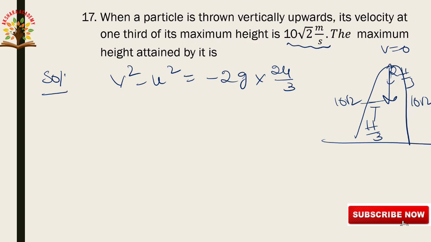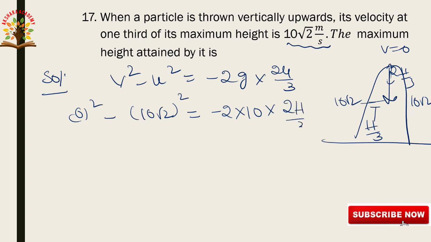Now substituting the values, v is 0, minus u, 10√2 as given, and minus 2 into g, which is 10, and into 2h by 3.